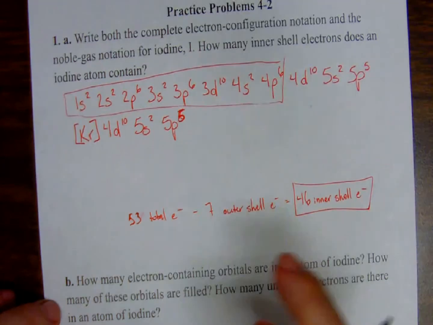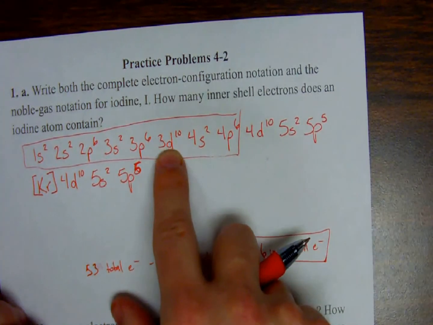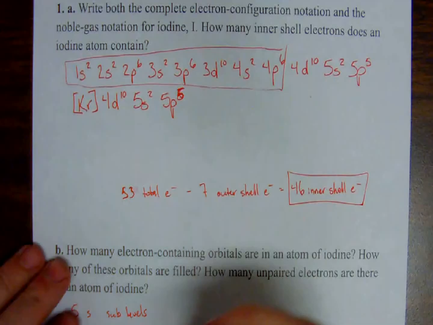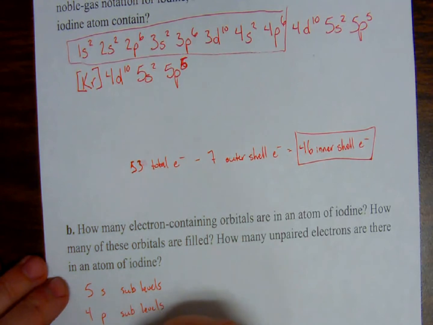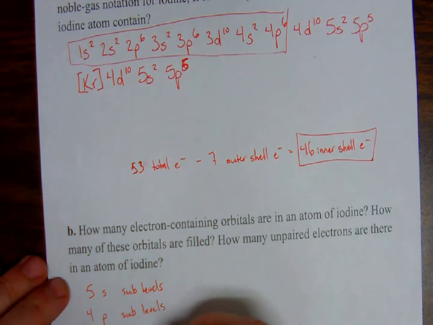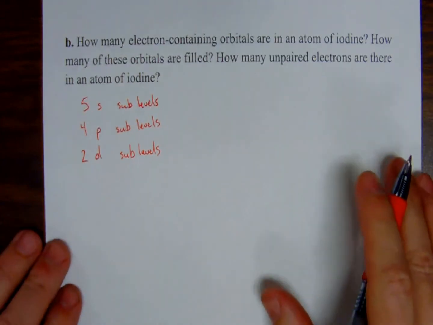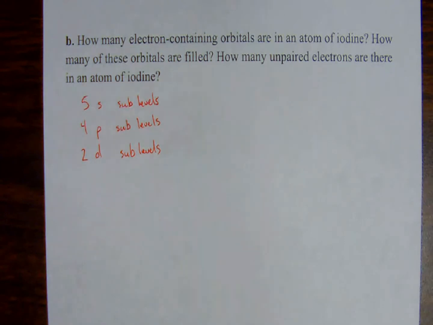So when I add all of these orbitals together, I get 27. 27 orbitals in iodine. So there are 27 total orbitals in iodine.